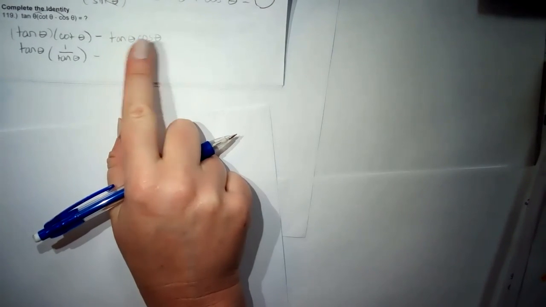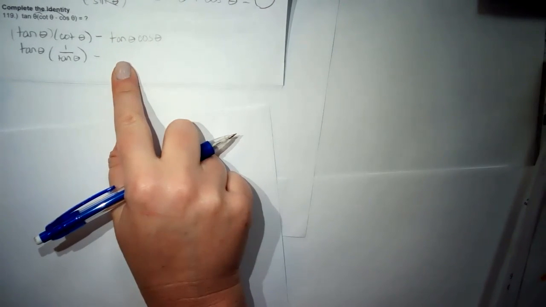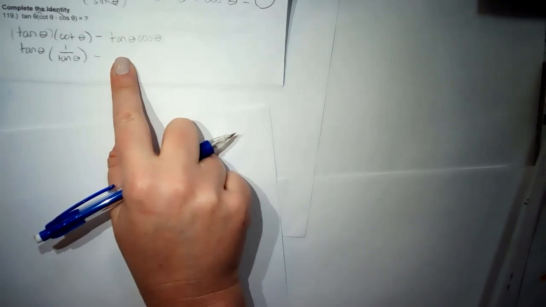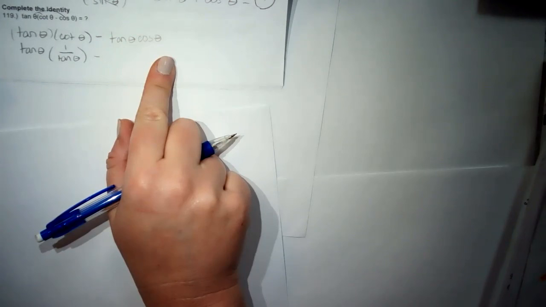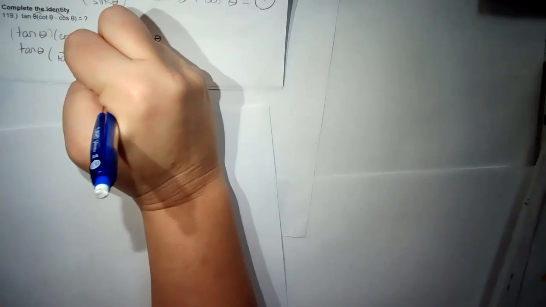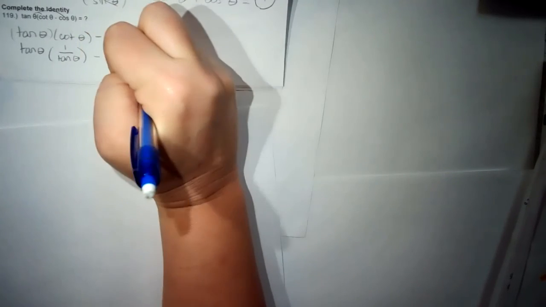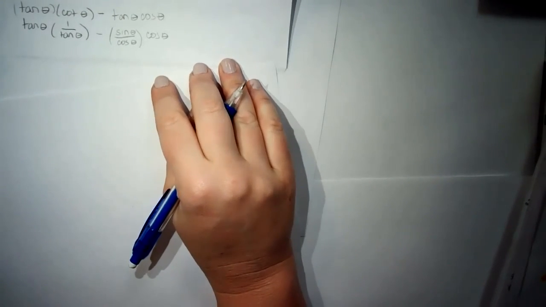Who do you think I ought to change here? Okay, so I'm thinking if I change my tangent to sine and cosine, I may be able to do something with this cosine, right? So again, the whole idea for all your identities is take them back to sine and cosine, okay? So I'm gonna do sine theta over cosine theta times cosine theta, okay?